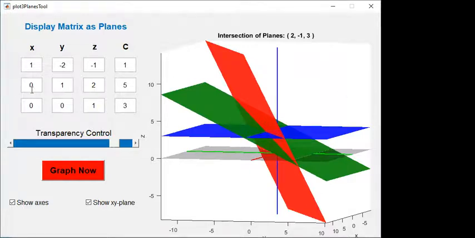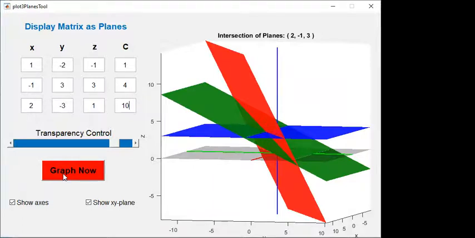I had changed this to -x, and then it was 3y, plus 3z was equal to 4, and then the third plane was given by 2x minus 3y plus 1z is equal to 10.